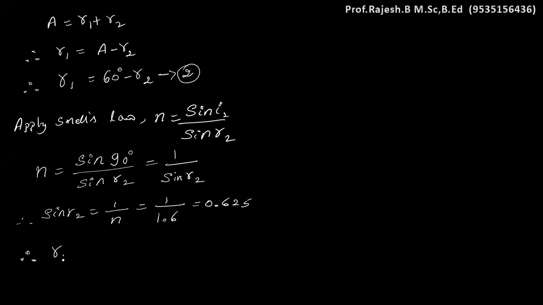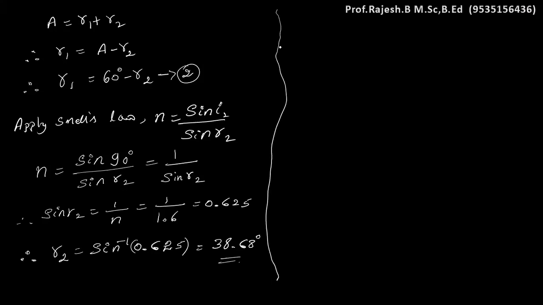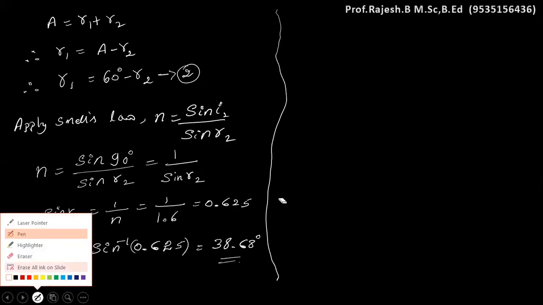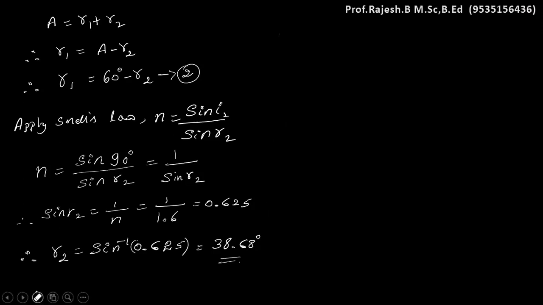Therefore, r2 becomes sine inverse of 0.625. So first find out the r2 now. So r2, I'm getting 38.68 degree. After knowing the r2 value, substitute in equation 2.